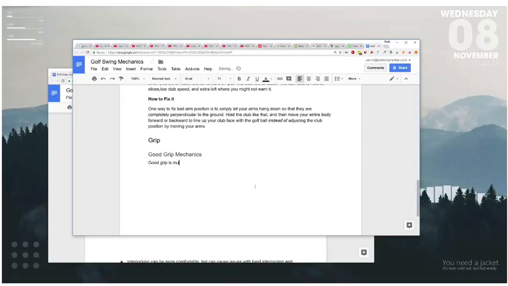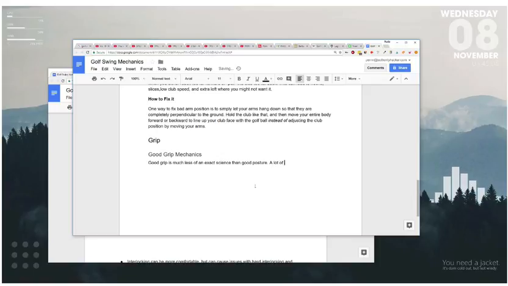Good grip is much less of an exact science than good posture. Here I'm making a transition. I'm letting people know that basically by writing a sentence like this, you're saying, hey, take this with a grain of salt, because what I know about grip from researching it is that a lot of it comes down to personal preference, which is what I'm about to write right now.